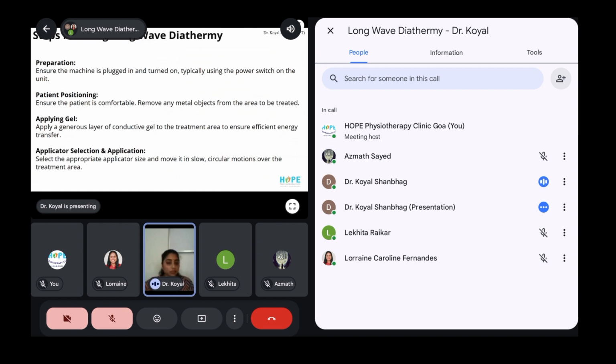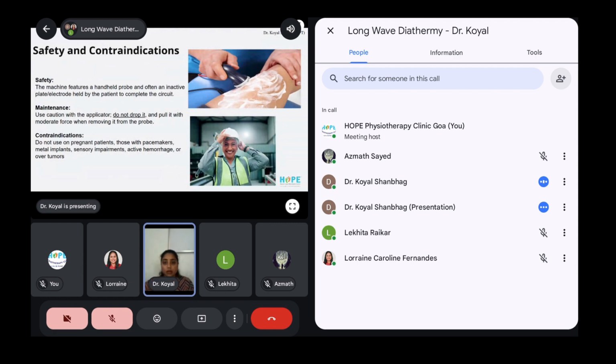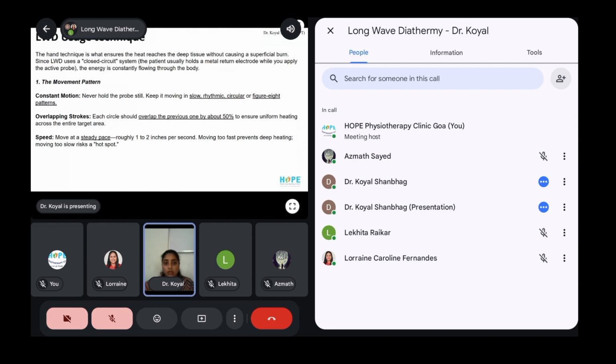And then we are supposed to select the applicator depending on the area. Safety: see to it that the probe is in contact with the skin all the time to complete the circuit. We are of course not supposed to drop it, because then it can cause a problem to the machine. And contraindications: we are supposed to see what contraindications are there in the patient and likewise use the specific modalities.